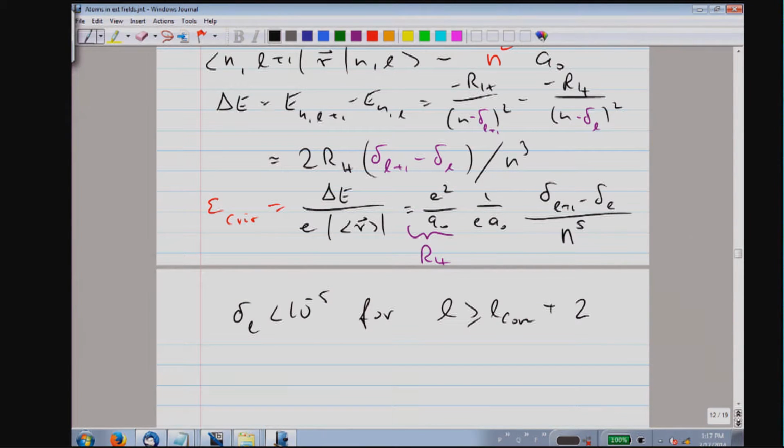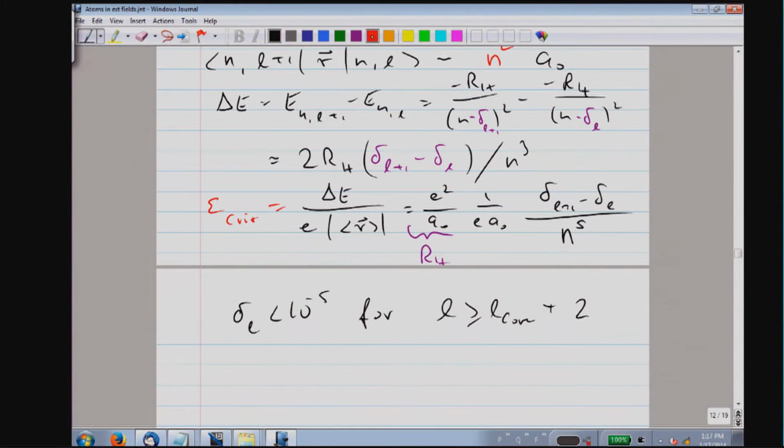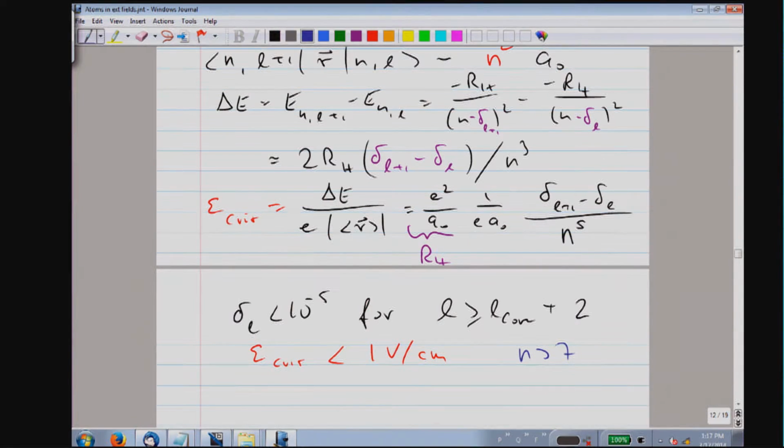But if you put n to the 5 scaling and the small quantum defect together, you find that critical electric fields are smaller than 1 volt per centimeter already for principal quantum numbers as low as 7. So it means, bring a 1.5 volt battery close to your atom, and you drive it crazy, you drive it out of perturbation theory.